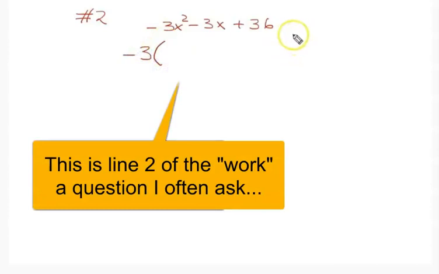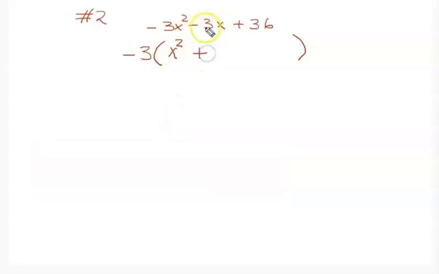And then this is our second line, where this now becomes a positive x squared, this becomes a positive x, and this becomes a -12. And again, you can always distribute to check to see if you get your original, and that looks good. So we keep in mind there's a -3 out there.